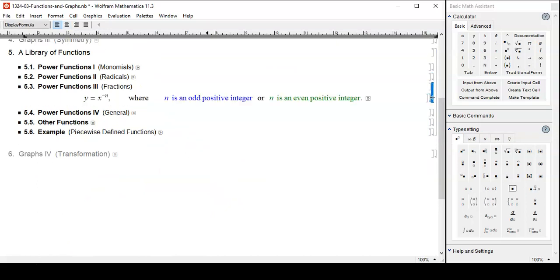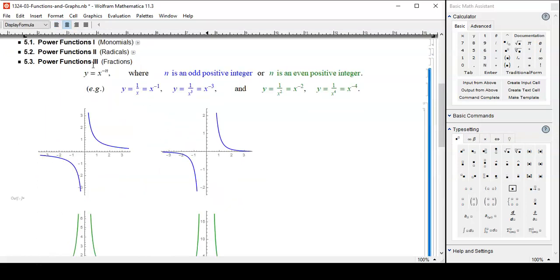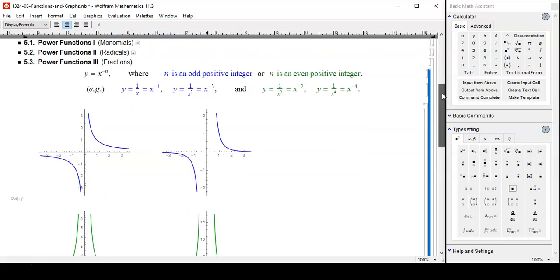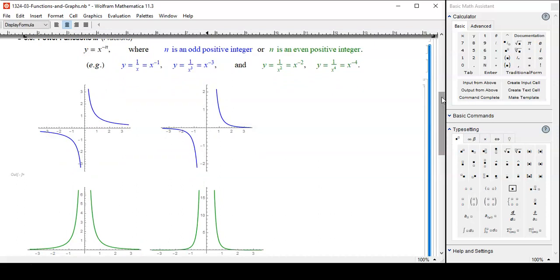Fraction functions, okay, negative power, so x to some power in the denominator. We have a vertical asymptote when the denominator hits 0, because dividing by something really small will blow things up to positive or negative infinity.